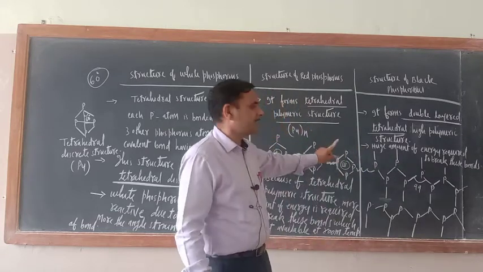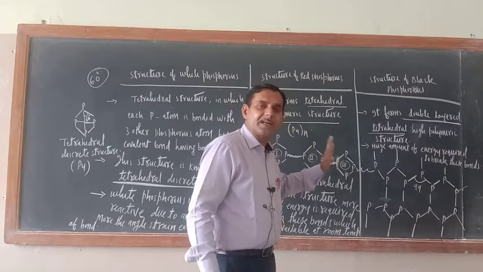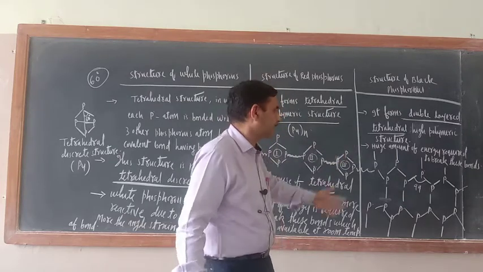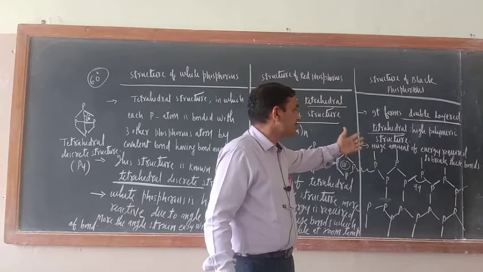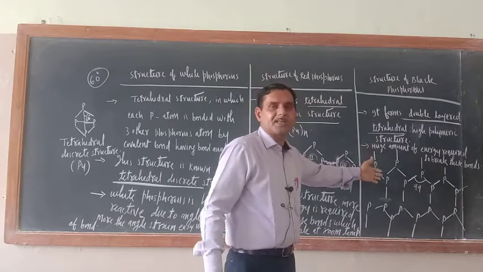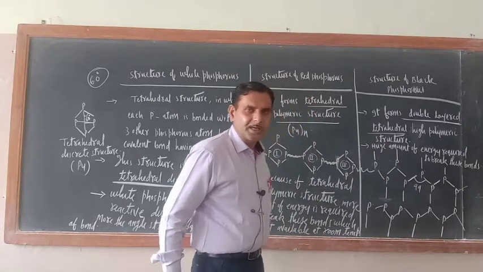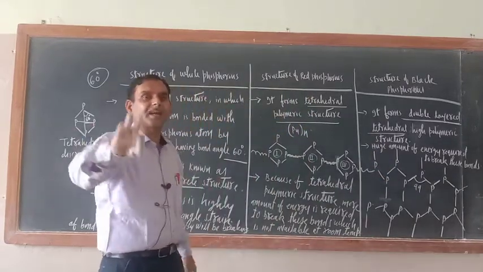So just see, their reactivity and stability are attributed to their structure. Here this is a tetrahedral highly polymeric structure in black phosphorus. So reactivity is less, stability is more.